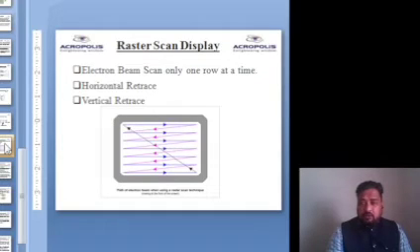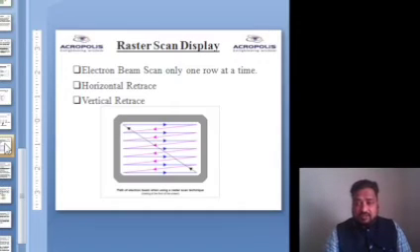What is the method of this display? In a row-wise fashion, the electron beam will scan the monitor, just as we saw the electron beam in the CRT.